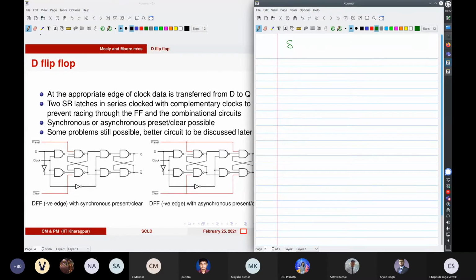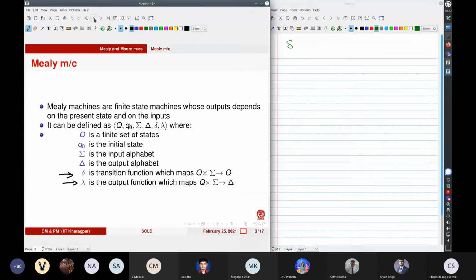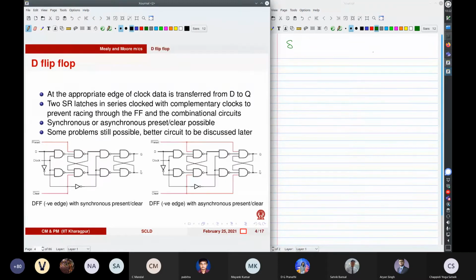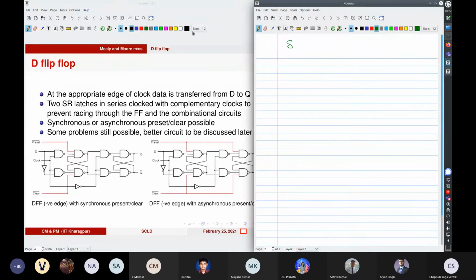Let us just look at the symbols. So lambda is the output function. You have to specify the transition function and the output function. It's usually specified like this.